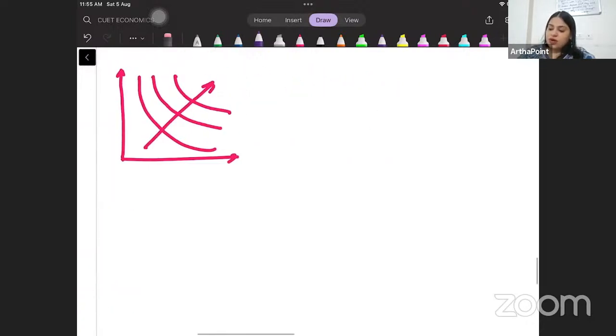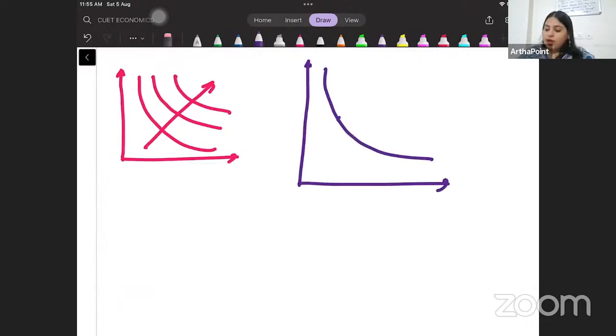So when I go ahead from point A to point B, I am sacrificing some amount of good Y to consume an additional unit of good X, right? So that sacrifice that I want to do with time, that is decreasing. That is why they are downward sloping, right?